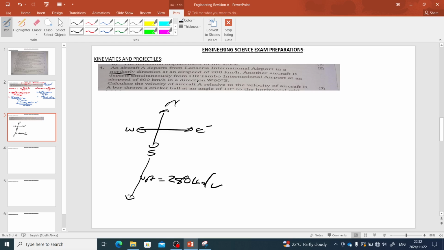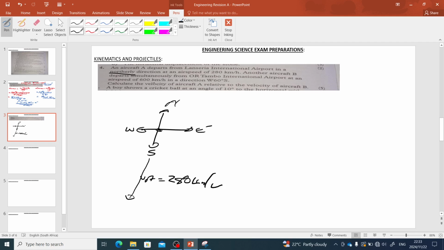In this case, it won't be the question of departing from the same place, but the question of time, departing at the same time, simultaneously. Now, when you project it, you will project it on the same Cartesian plane.